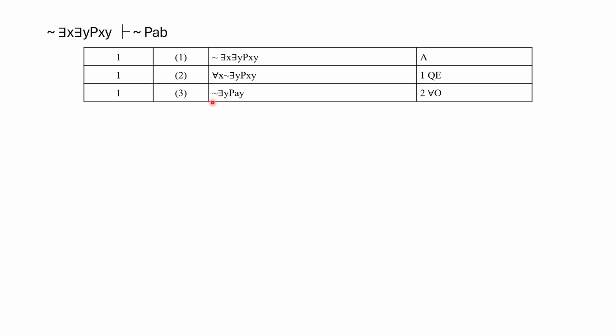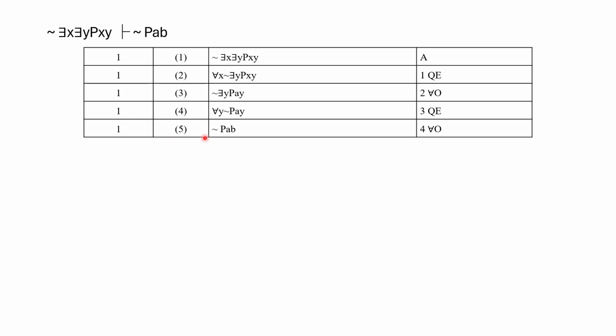So what can we do? Well, we can do the quantifier exchange rule to move the tilde inside again and flip the existential quantifier into a universal quantifier. Now that we have a universal quantifier, we can do the same thing as before. Since we're looking for PAB, we're going to replace the y's with a b, and now we've got tilde PAB.